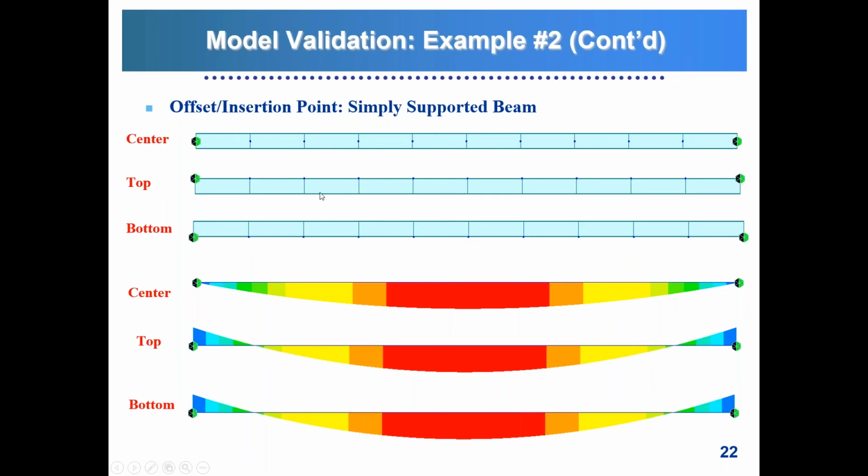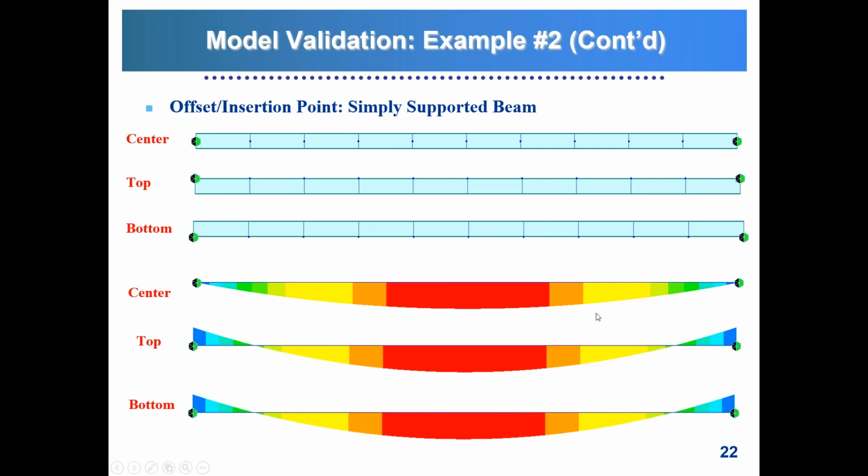Here I have 3 cases. The first one has the insertion point at the CG of the section. As you can see, without any releases or anything else, you get the correct bending moment diagram for a simply supported beam. The other 2 examples, one has the insertion point at the top, the other at the bottom. As soon as you have your support or your insertion point anywhere other than the CG of the section, you're going to start seeing these negative moments at the ends.